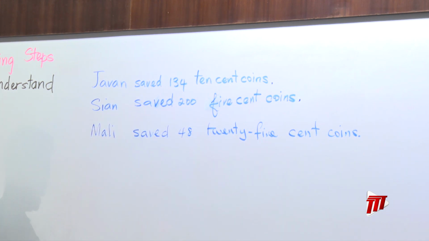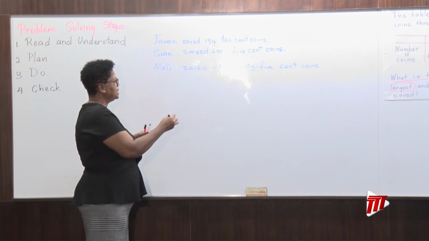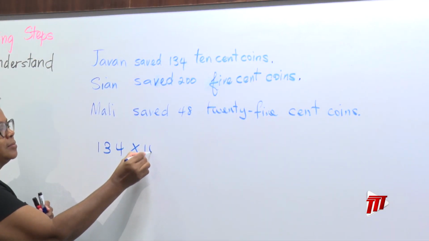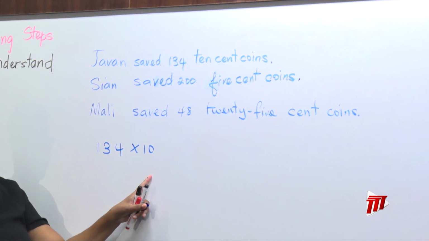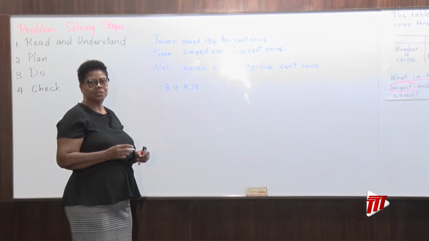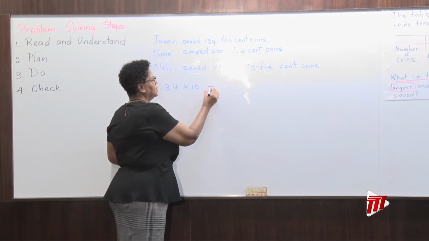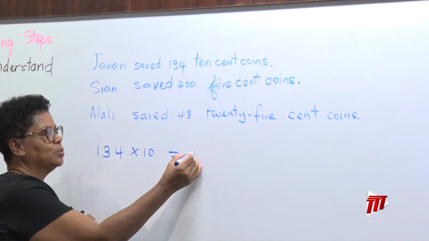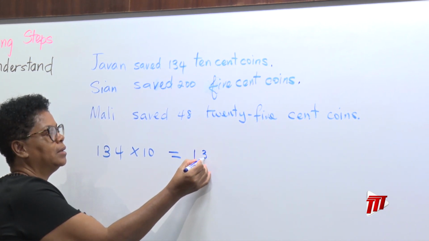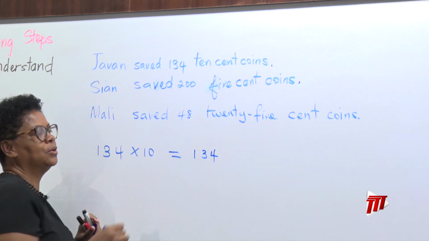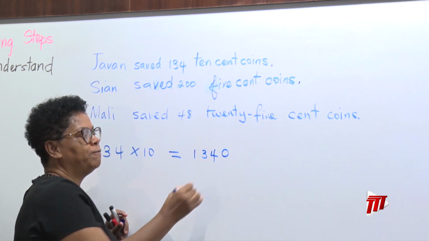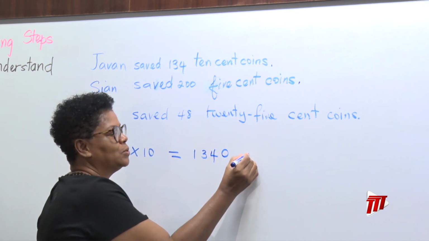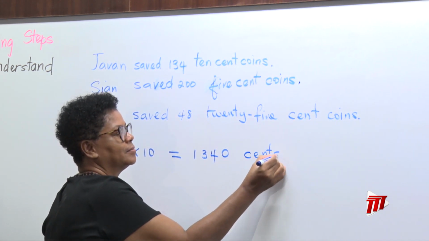So we have to multiply 134 by 10. And we can use our mental math strategy. When we multiply a number by 10, we just add 0. So we have 1,340 cents.